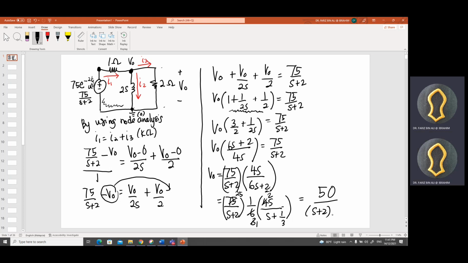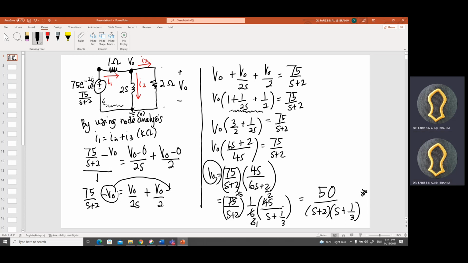Okay. And then the other part is s plus 1 over 3. All right, so this is my V naught that I have right now in S domain. This is V naught. So what you have to do right now, I need to convert this.